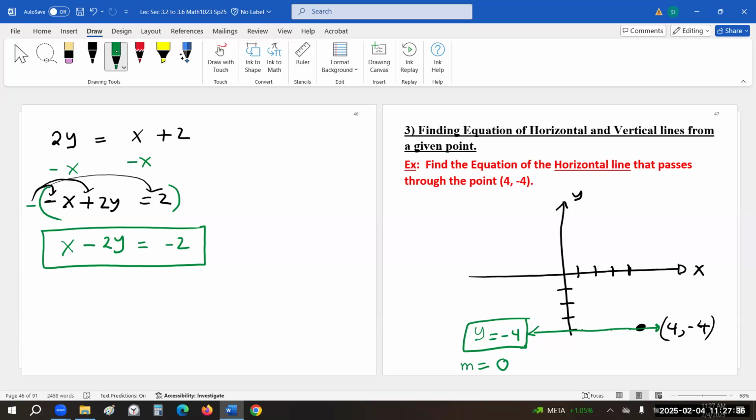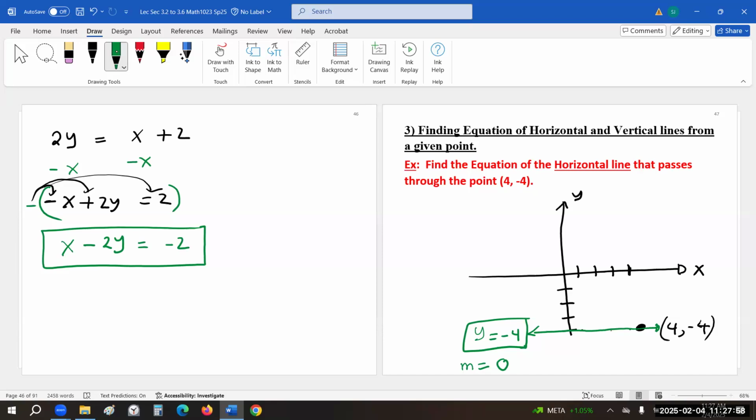So who is confused? Is anybody confused with this question? Yeah, the -4. So the point is x 4 and y -4. So plot this point, x 4, y -4.